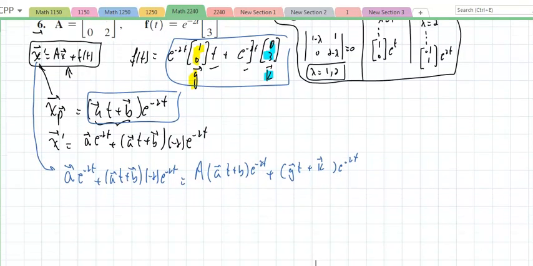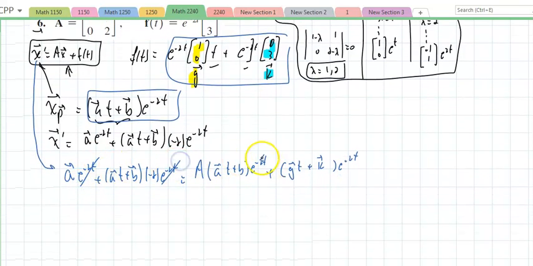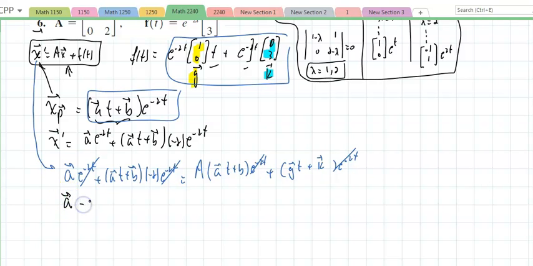Now, do you agree that I could divide by e to the negative 2t and make that disappear out of all of those? The goal, don't lose track, the goal is to find a and b. So, if I really look at this, this says a minus 2at minus 2b equaling A(at plus b) plus gt plus k.